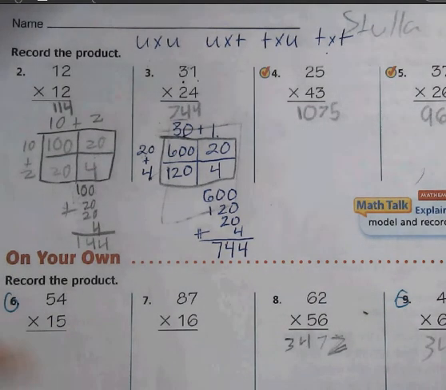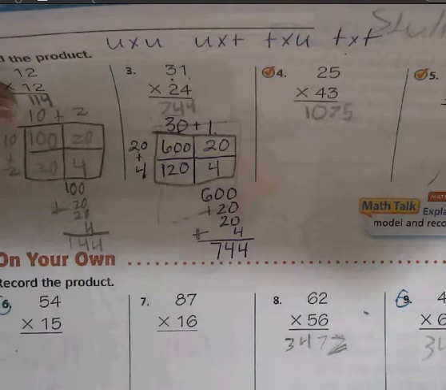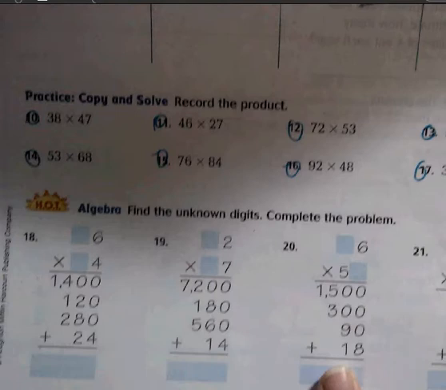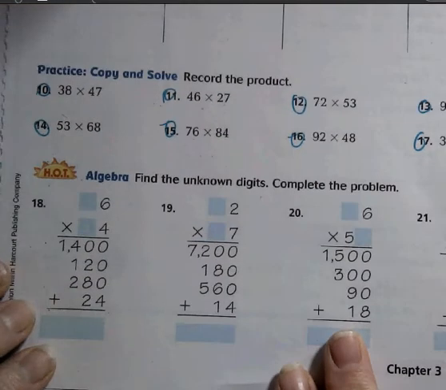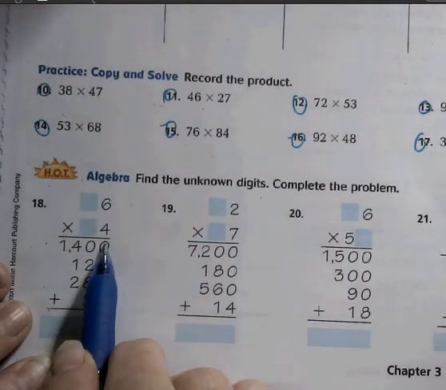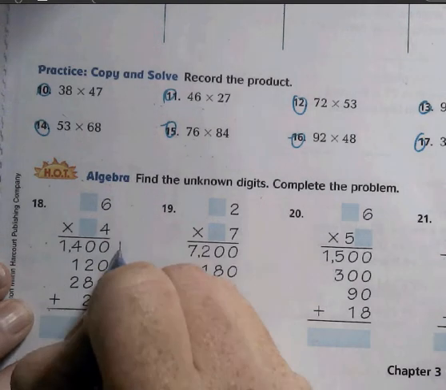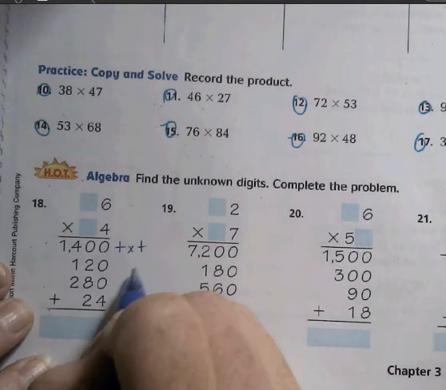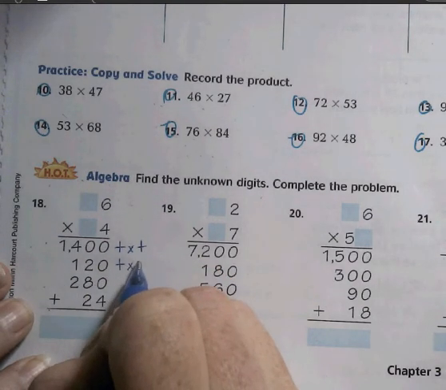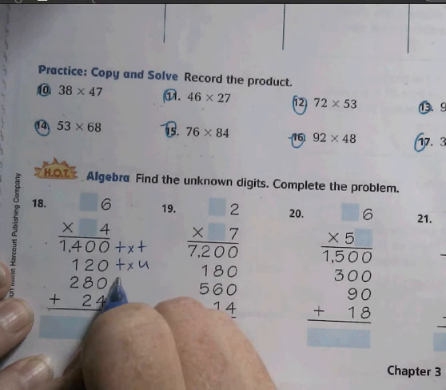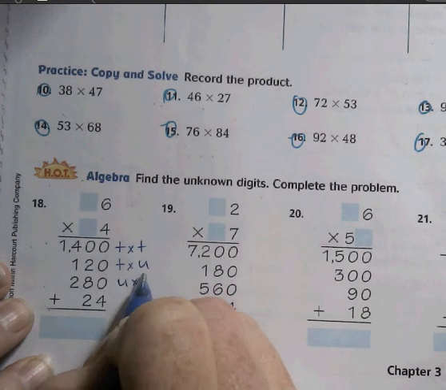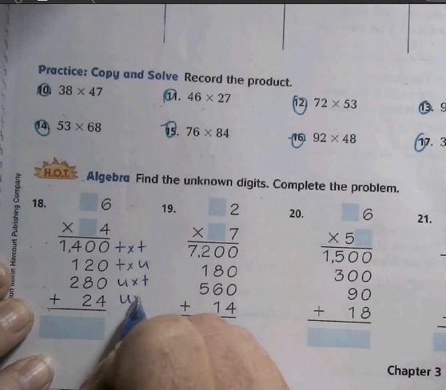Now, on the bottom of this, sometimes you will have numbers that are missing. What you're going to do is remember that this is going to be tens times tens, tens times units, units times tens, and units times units.